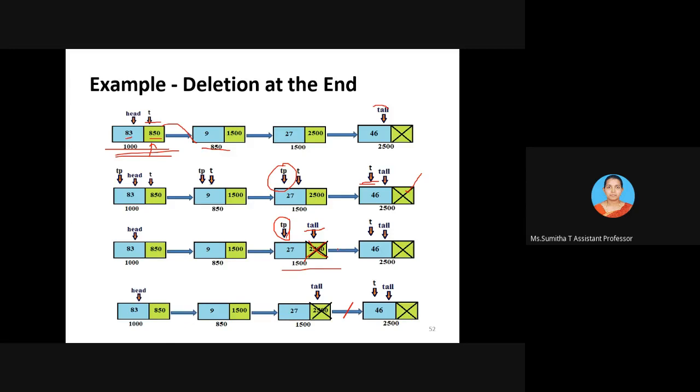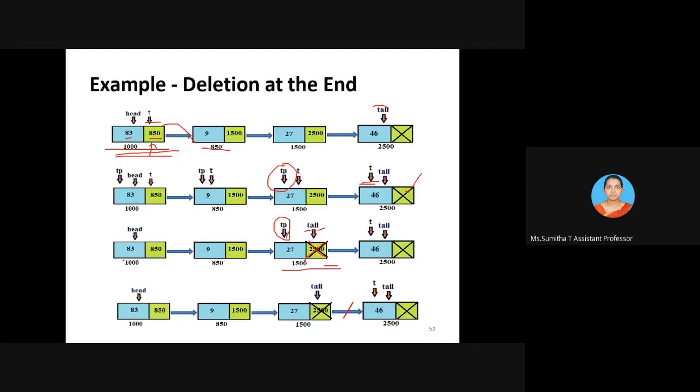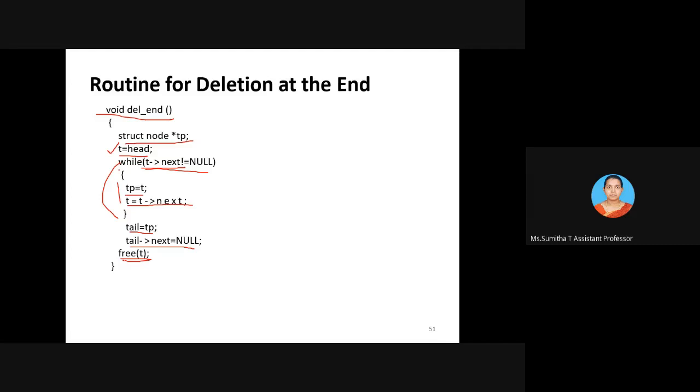Once it is filled with null, automatically there is no link between the third node and the fourth node. After that, with the help of the free or delete keyword, we can do the deletion operation of the particular node. Is it clear, everyone? I can free the memory allocated for the particular node.